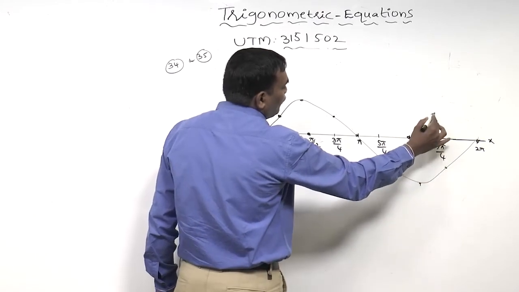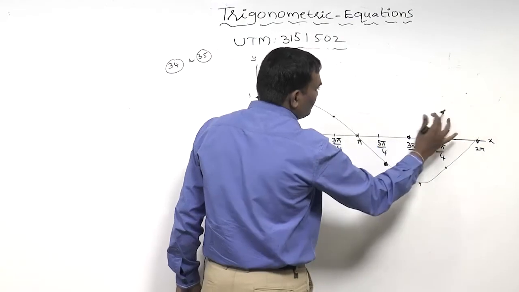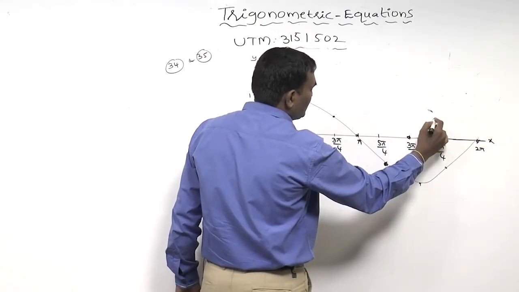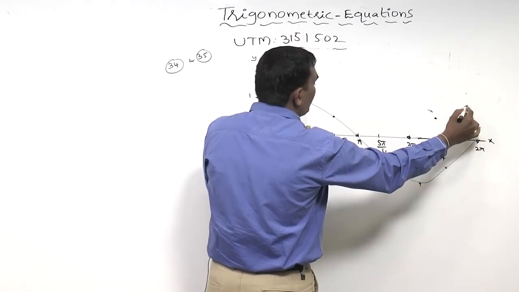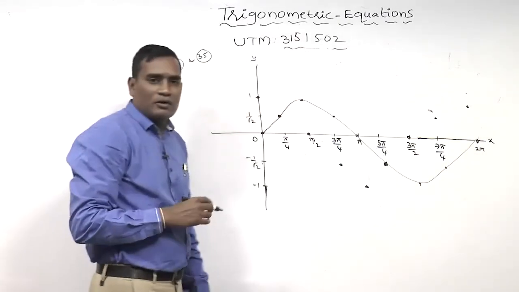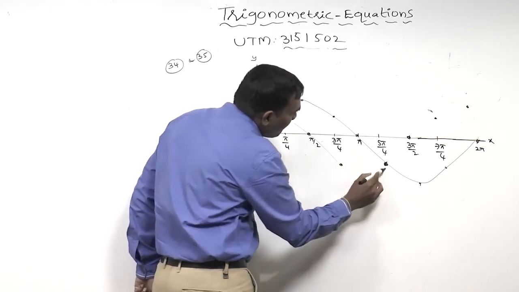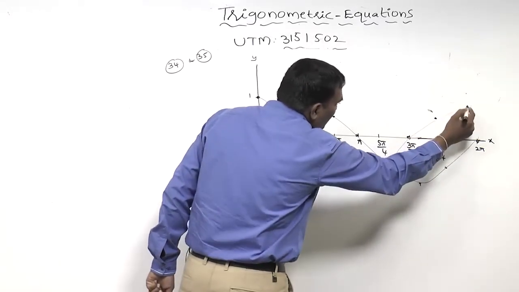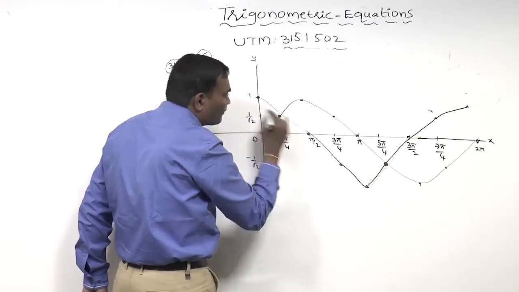Cos 7 pi by 4 is 1 by root 2. Cos 2 pi is 1. This is 7 pi by 4. Here you take 2 pi. Now draw the curve from here to here. I am drawing approximately.